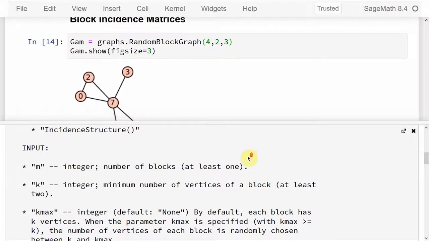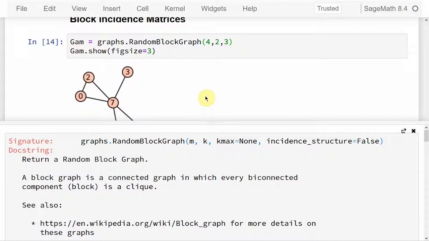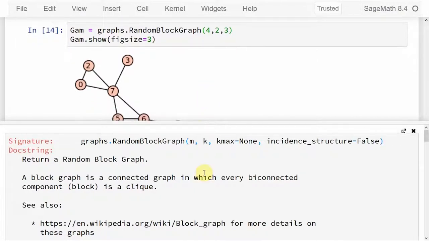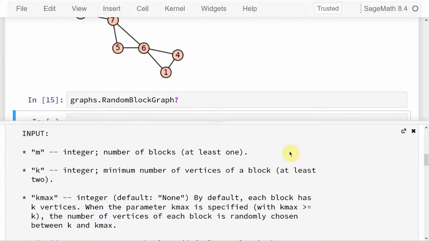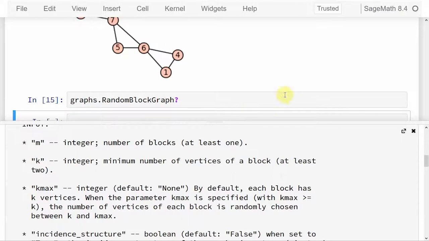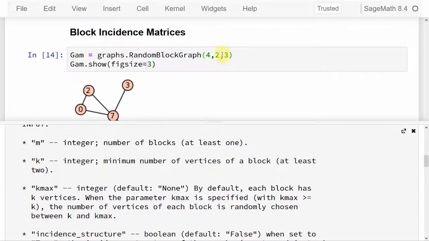This is the number of blocks. K is the minimum number of vertices in the block, and K max is optional. It is the maximum number of vertices in the block.